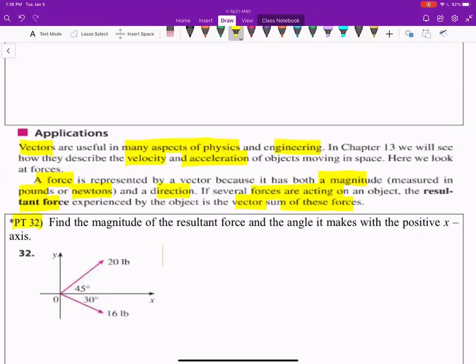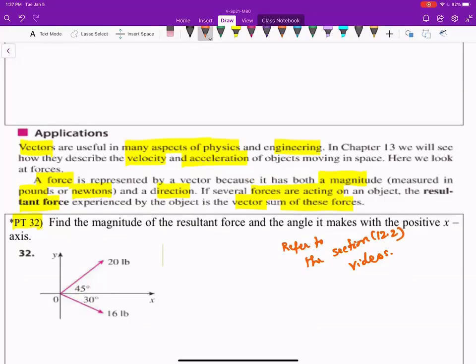Problem number 32 is done in the section video. Please refer to the section videos. I have done this problem in the section videos.